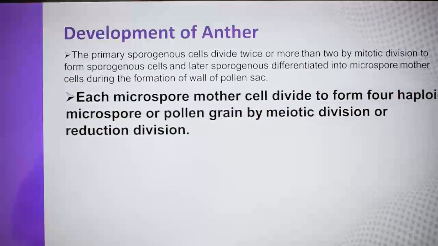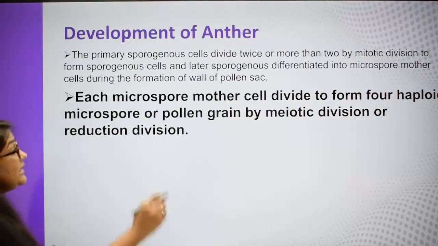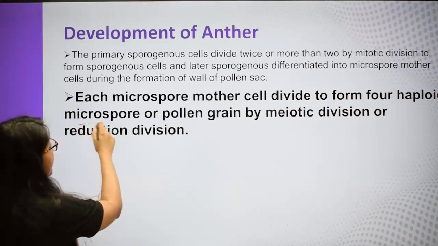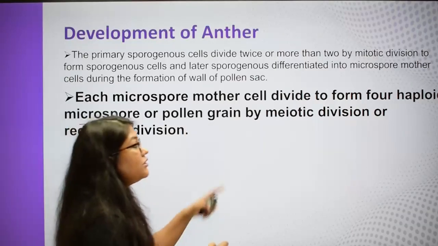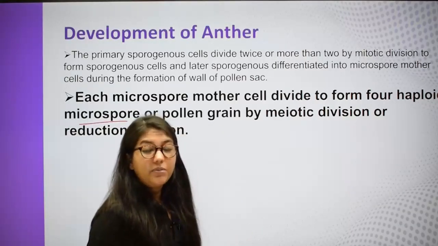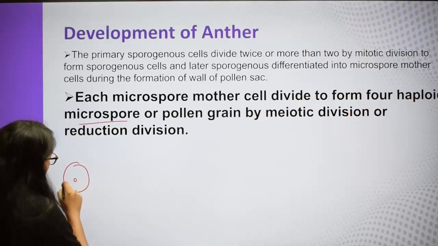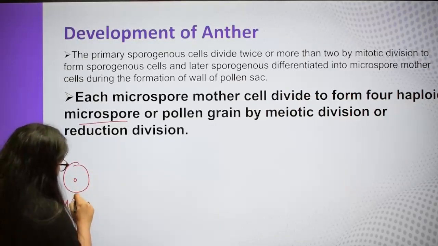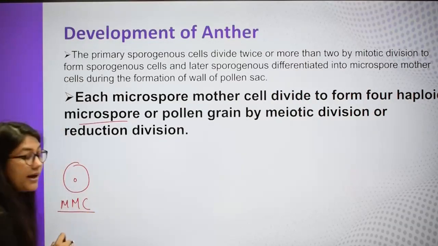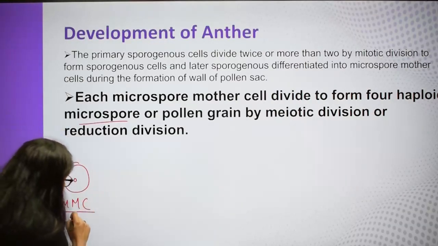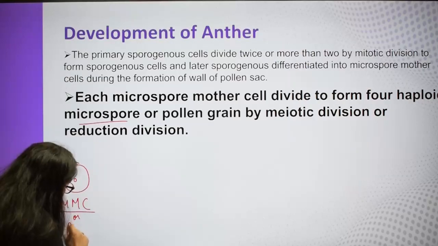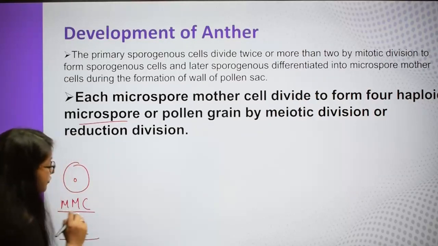Now see next, each microspore mother cell divides to form 4 haploid microspores. The details of this process we will read under microsporogenesis. In brief, this is my microspore mother cell, right? I can write the short form, MMC. We can also call MMC as PMC. What is the meaning of PMC?